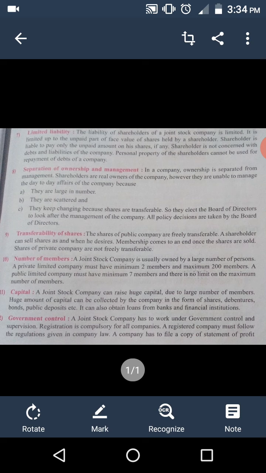And what is meant by memorandum of association? Memorandum of association is like a constitution.